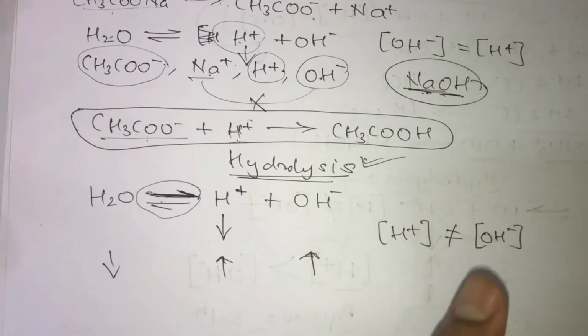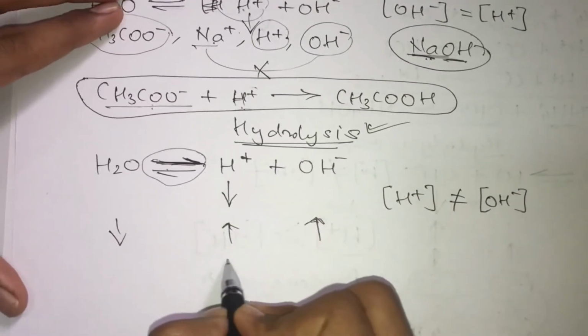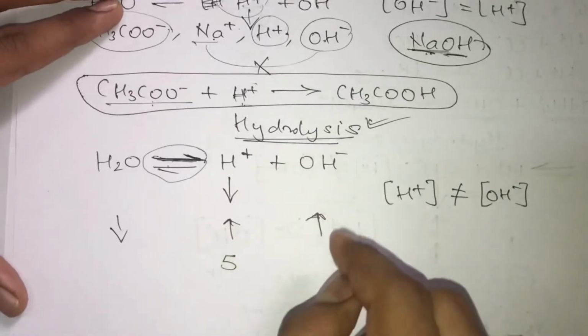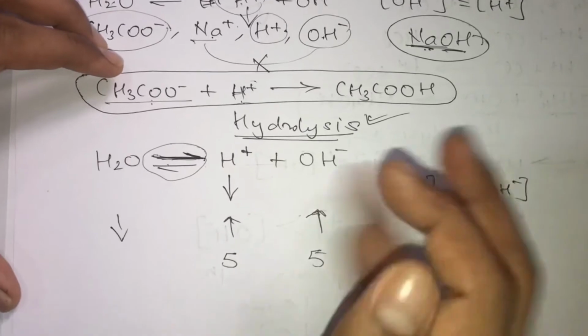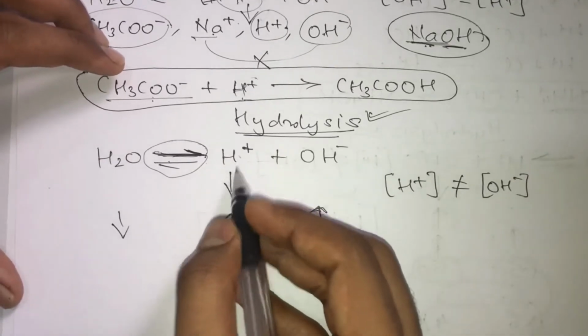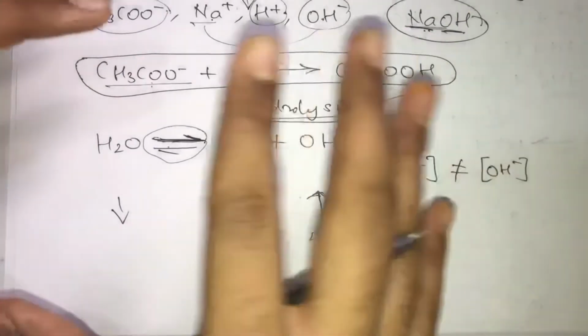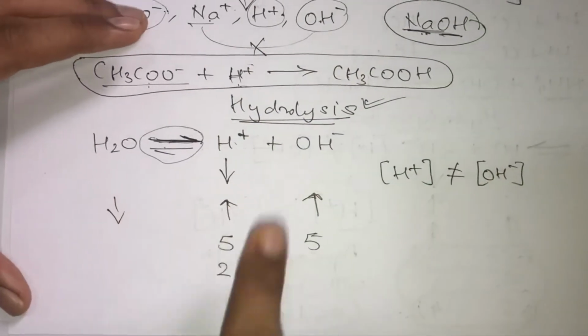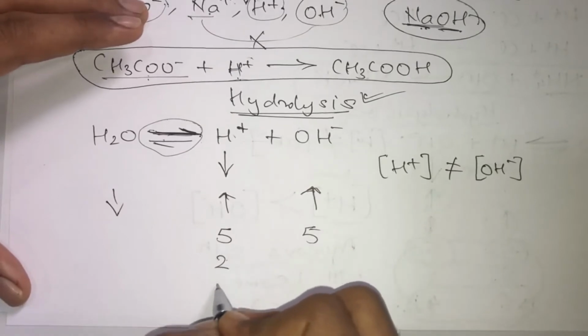Now ultimately what is happening, let's say your concentration of H plus earlier was 5 and OH minus was also 5, but afterwards let's say H plus decreased to 2, okay, and now the H2O tried to increase it, and let's say it increased by plus 2, so 2 plus 2 will give you 4.